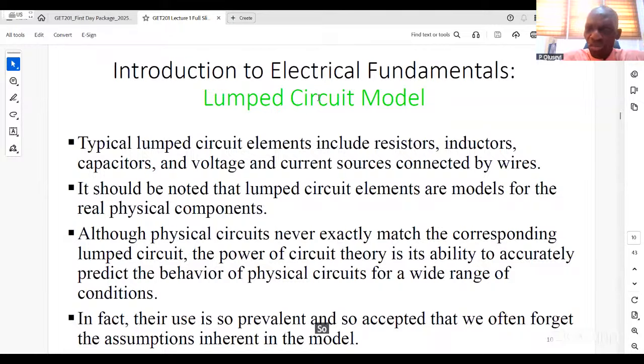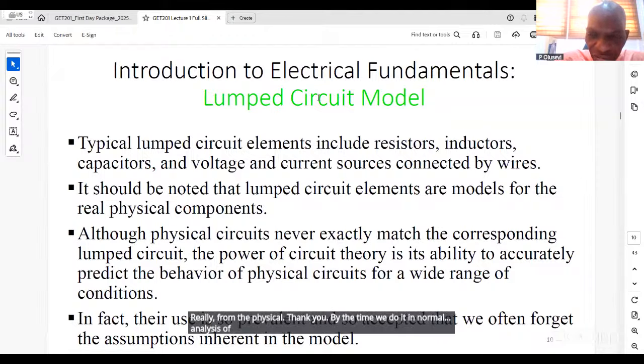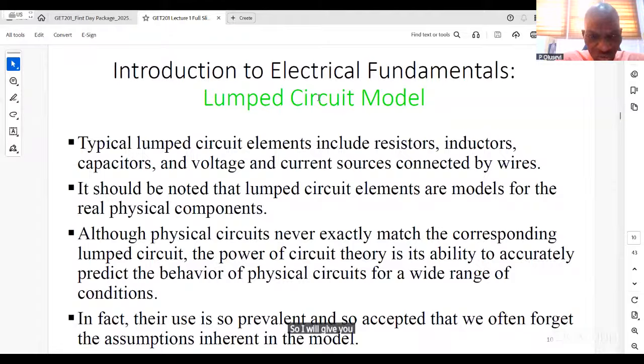Whenever we are using the lumped circuit model, the assumption is that there is very limited variance from the physical circuit we are dealing with. Even when using the lumped circuit model, it doesn't totally vary from the physical circuit by the time we do the normal analysis of this system. So I will give you 2 minutes to write this as well.